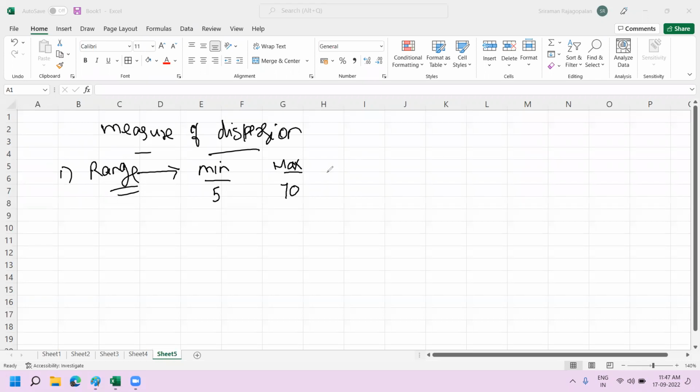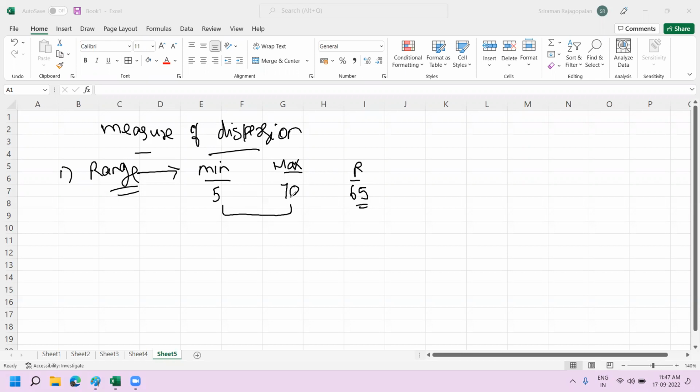It is max minus min. So what do you interpret from this? There can be values ranging from 5 to 70. It means that my data is lying between only these two numbers. Nothing more, nothing less.